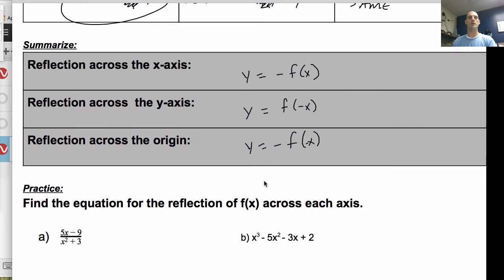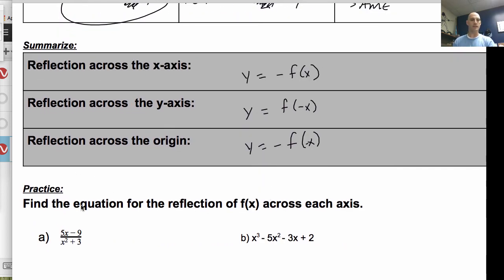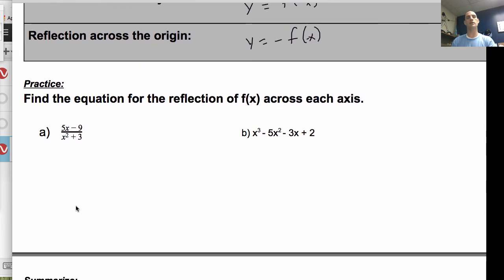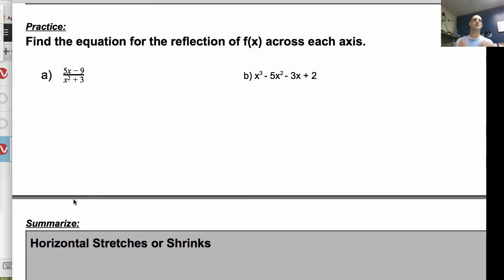All right, so when I do this graphically, it makes some sense. Sometimes the algebraic gets a little bit tricky. What they want me to do here is find the equation for the reflection of f of x across each axis. So for the x-axis, they want me to do negative f of x, and for the y-axis, f of negative x.